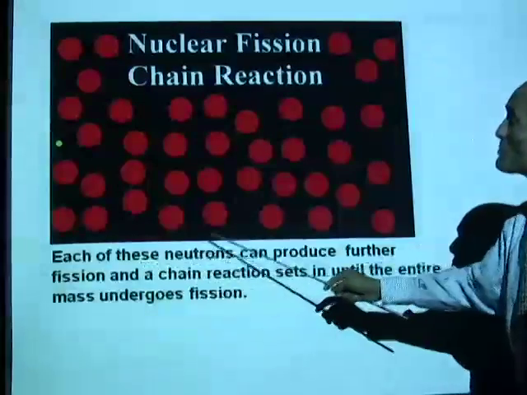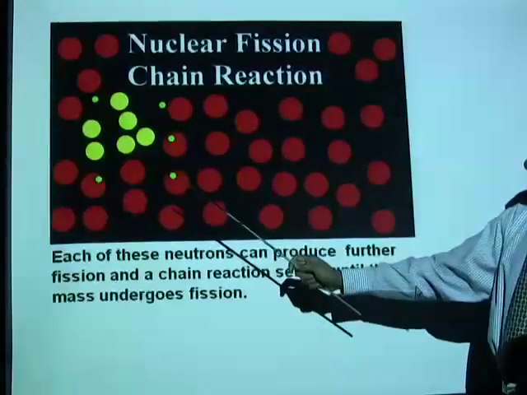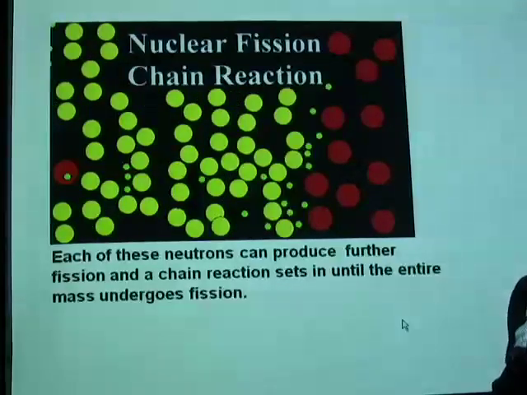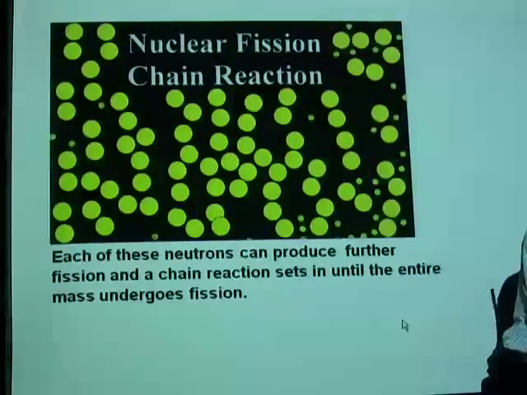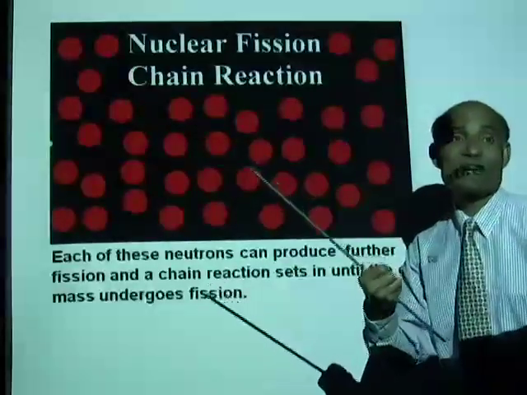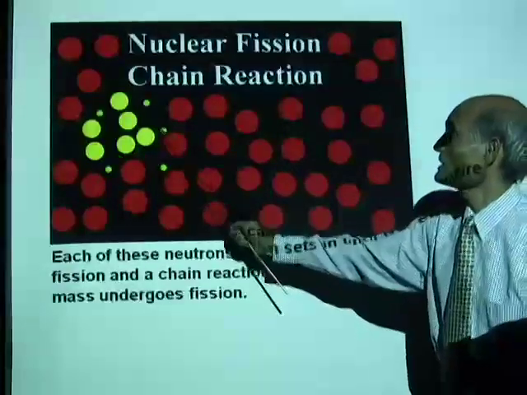So each of these neutrons, watch an animation of that chain reaction. What you see here is that within a fraction of a second, the whole mass of uranium can undergo fission. Look at that.